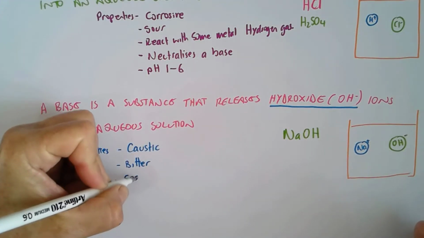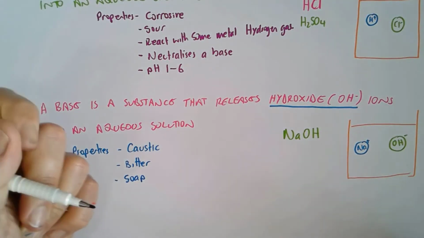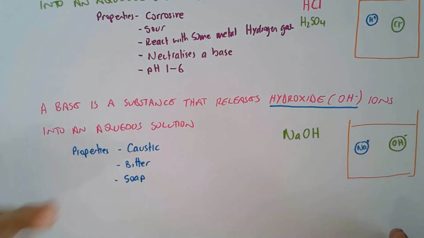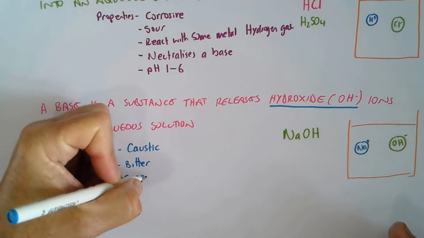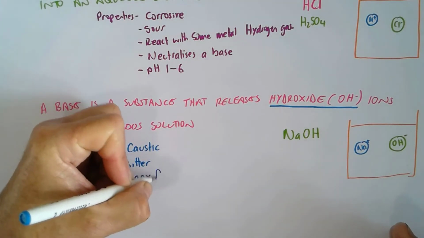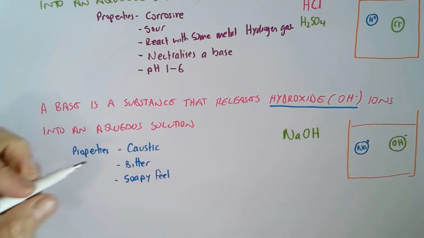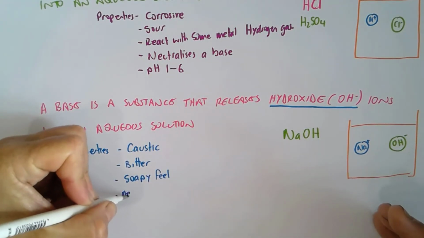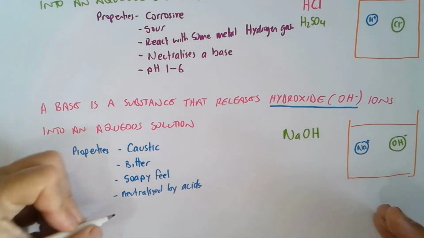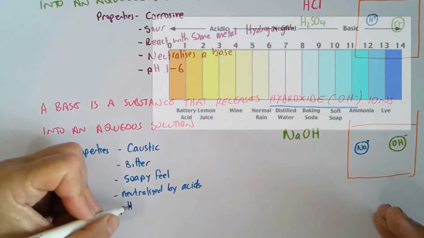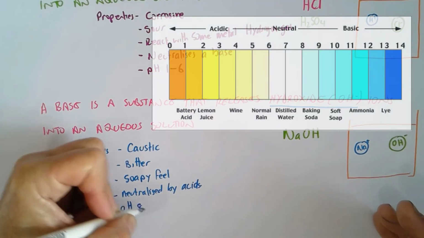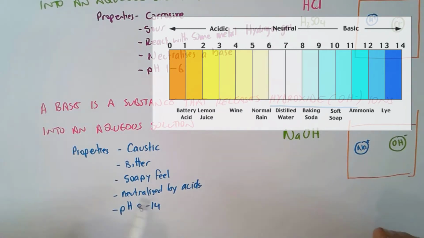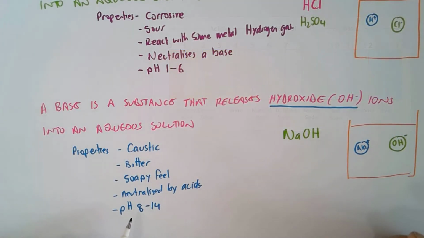And the reason for that is that soap and washing detergent is actually basic. So they have a soapy feel about them. They are neutralized by acids, and their pH range is between 8 and 14. So more on pH very soon.